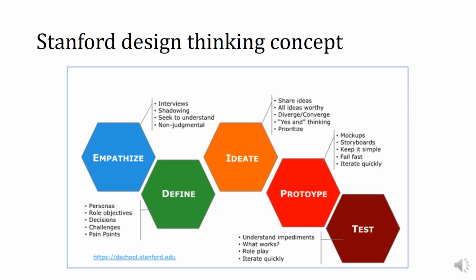This is the diagram proposed by the D School, Stanford University. They said there are five basic pillars or building blocks of the design thinking concept. The five building blocks are: first empathize, then define, ideate, prototype, and finally test.